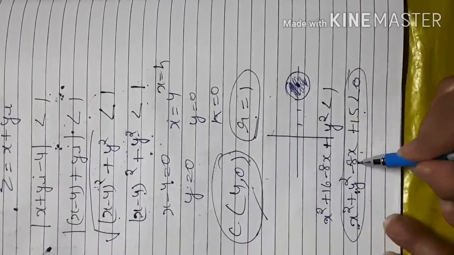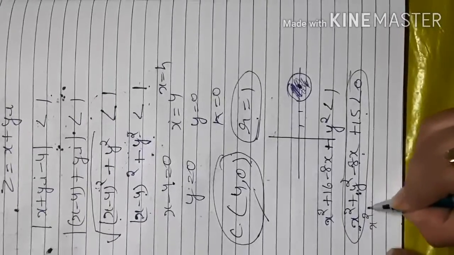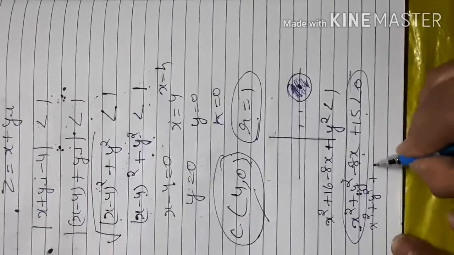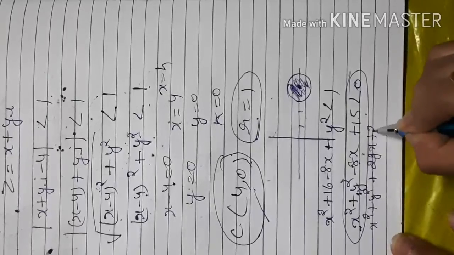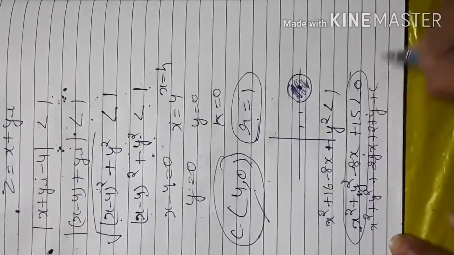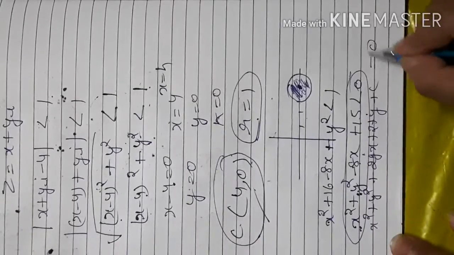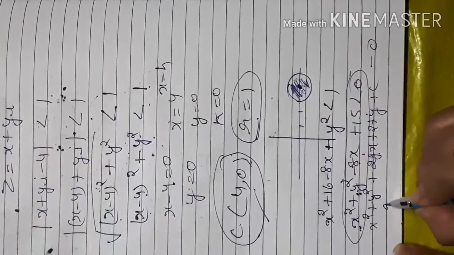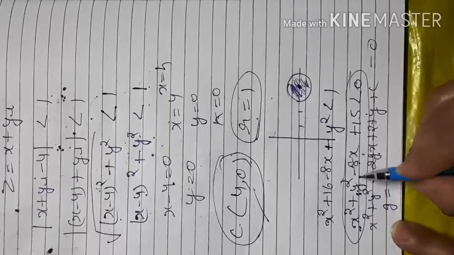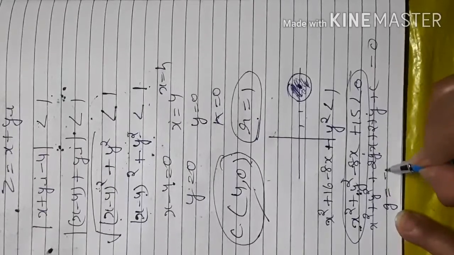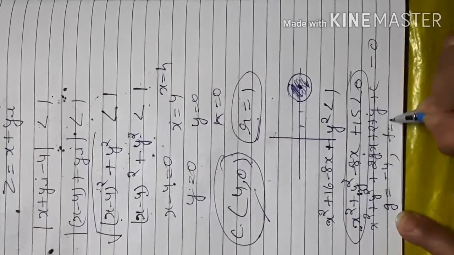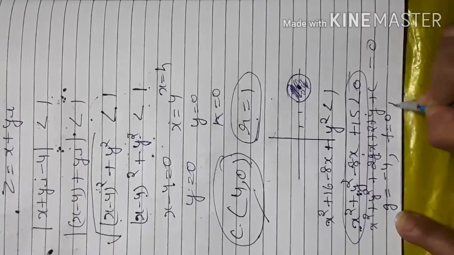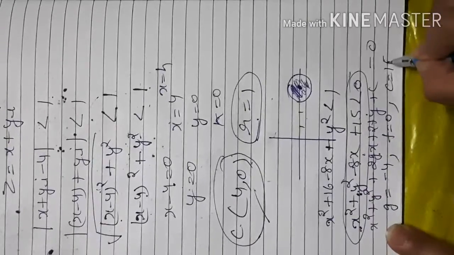So here if I compare with x square plus y square plus 2gx plus 2fy plus c is equal to 0, taking 2 separate, g will be -4 and f will be 0 and c is equal to 15.